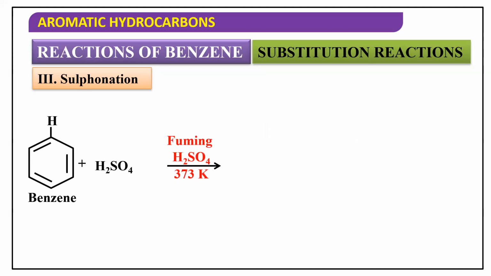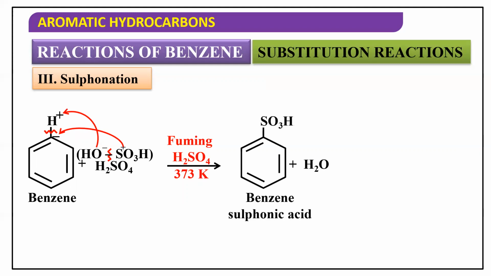So let's have a look at the reaction to understand better. Benzene reacts with sulfuric acid, fuming sulfuric acid to be precise. OH minus takes away H plus to go out as water. In place of H plus, SO3H gets substituted to give us benzene sulfonic acid.